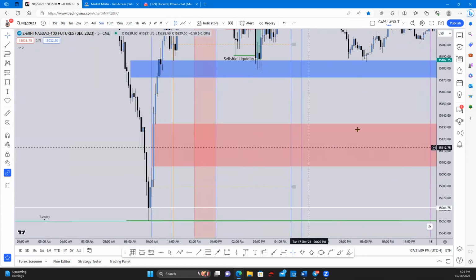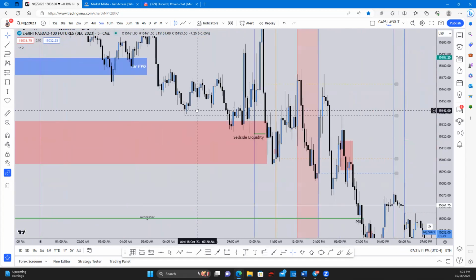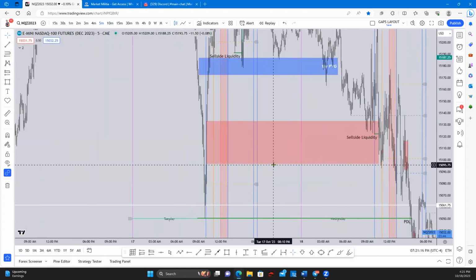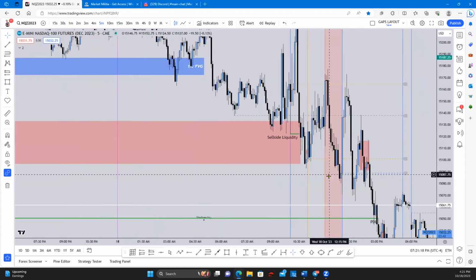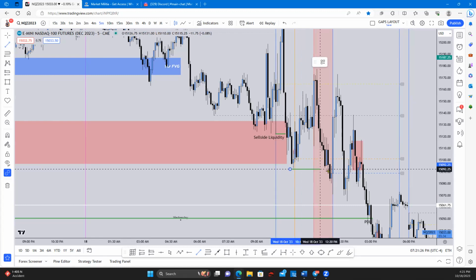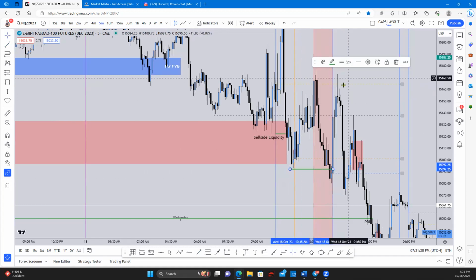Okay, so this fair value gap, if we're bringing it over in time, we were bouncing in. Okay, we took out the lows here. We took out sell side. We had this sell side in here, and then aggressively ran up.